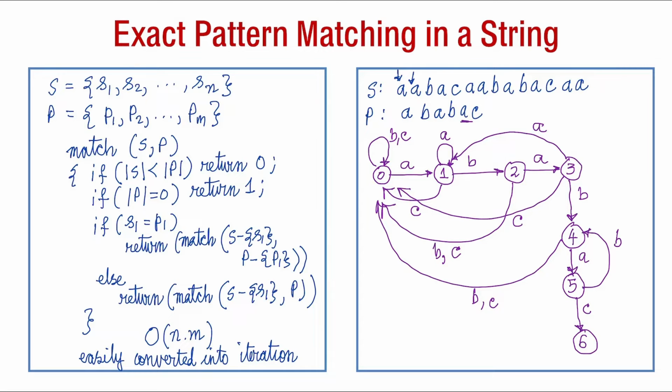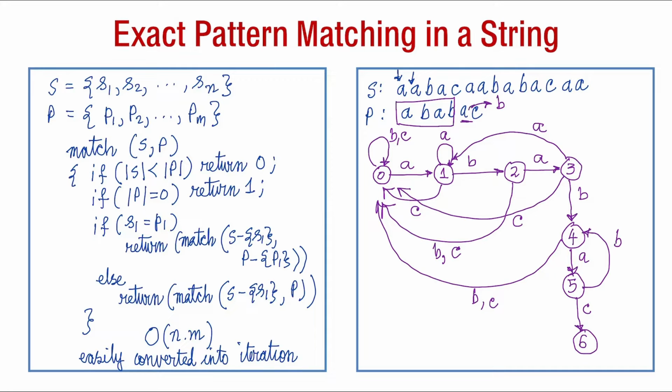This state means that my prefix till now has been A, B. I'm here. So I've got A, B, which means that I have already got an A, so here if I get B, then I am actually equivalent to this position, which is state 4, which is the AB position.